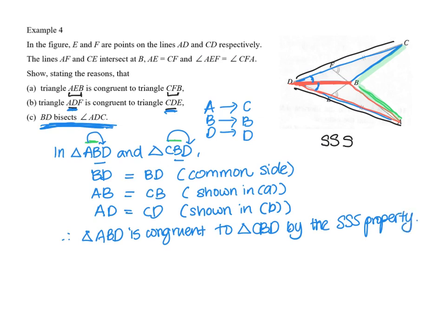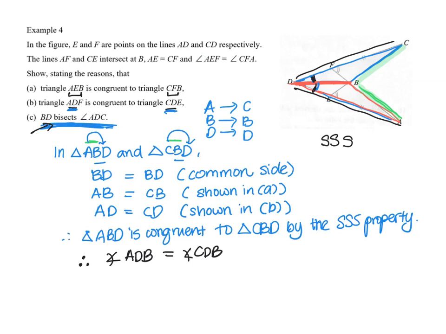But we cannot stop down here. We have to continue with our answer to get to the main aim that BD bisects angle ADC. Since I have that they are congruent triangles, I know that this angle over here and this angle over here, angle ADB, is exactly equal to angle CDB because they are congruent.